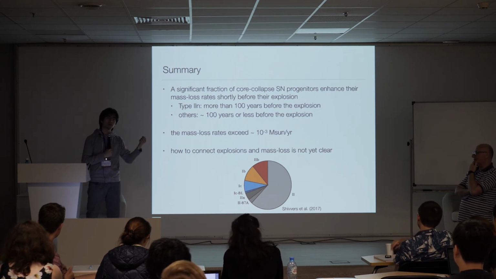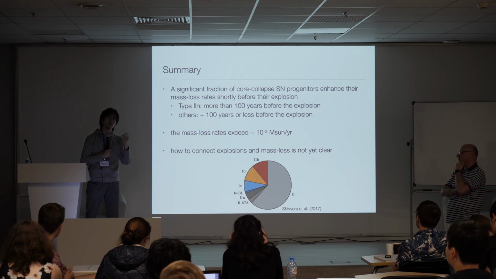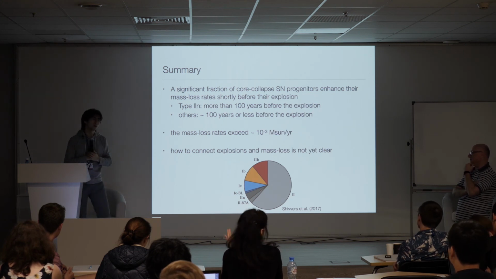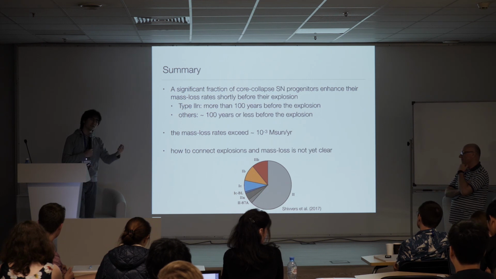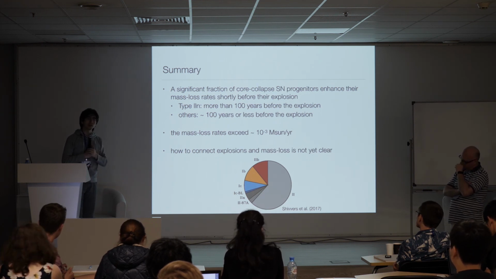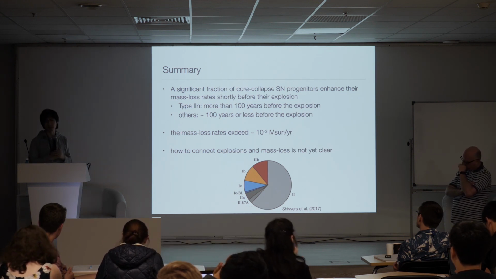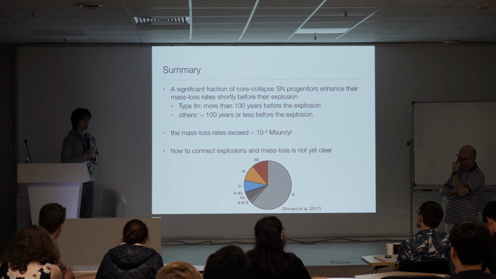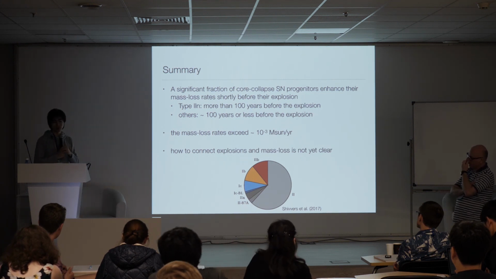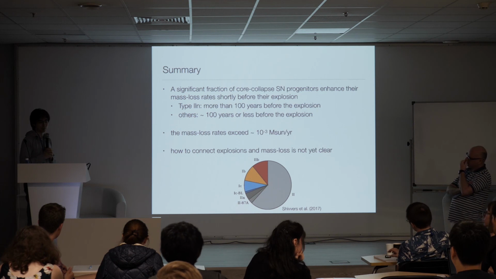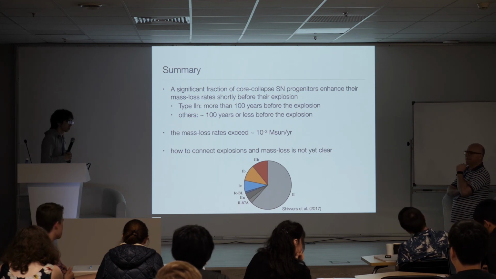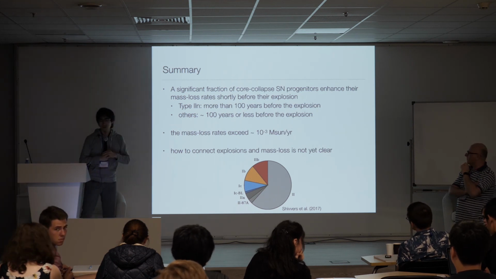If it's continuing several times, of course, that's not a one-time event, so there should be some other way. But we know Eta Carinae is an eccentric binary system, so this binary evolution itself may be somehow connected to this large mass loss. But we don't know exactly how this mass loss happened.